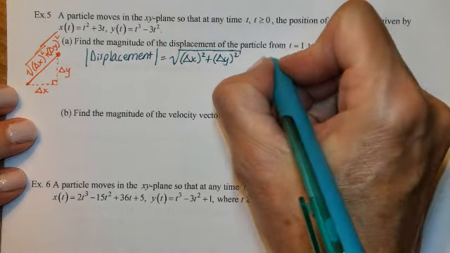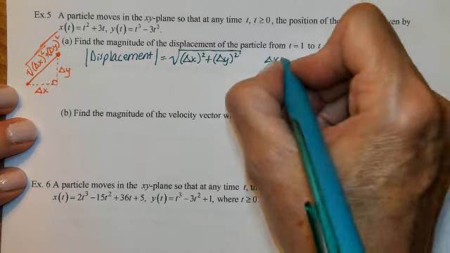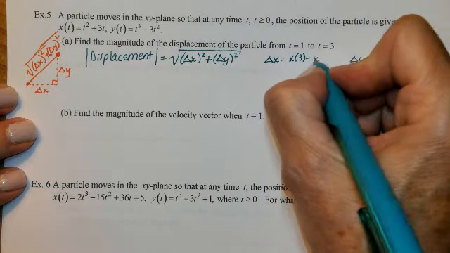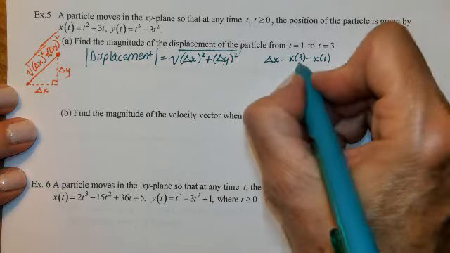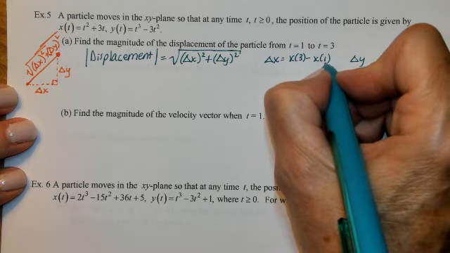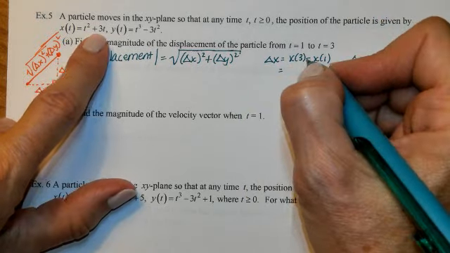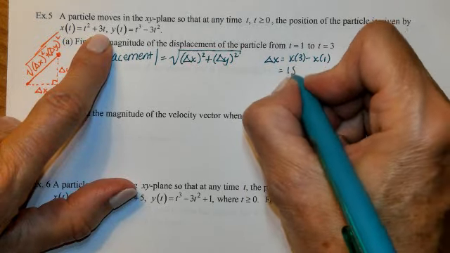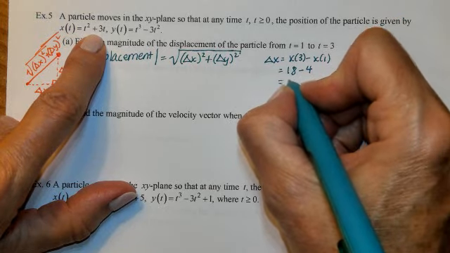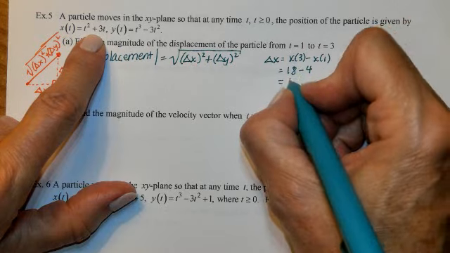So let's come off to the side and find change in x and change in y. Change in x will be x at 3 minus x at 1. End minus start. So x of 3 is 9 plus 9. x of 1 is 1 plus 3. So the change in x, the delta x, is 14.